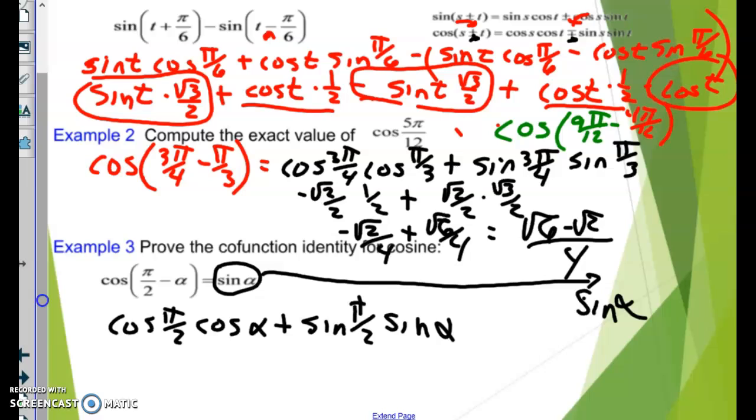And I'm going to have the cosine at pi over 2 is 0 times cosine alpha. Sine at pi over 2 is 1 times the sine of alpha, which gives me sine alpha. So we can prove some of these cofunction identities using this same stuff.